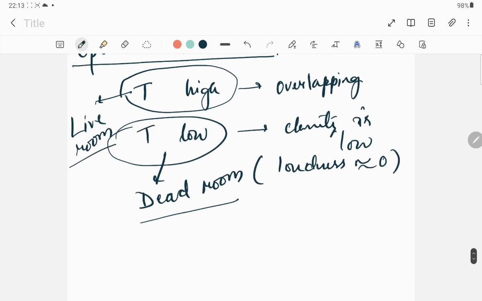So to have an acoustically good auditorium or conference room, the reverberation time should neither be too high nor too low.